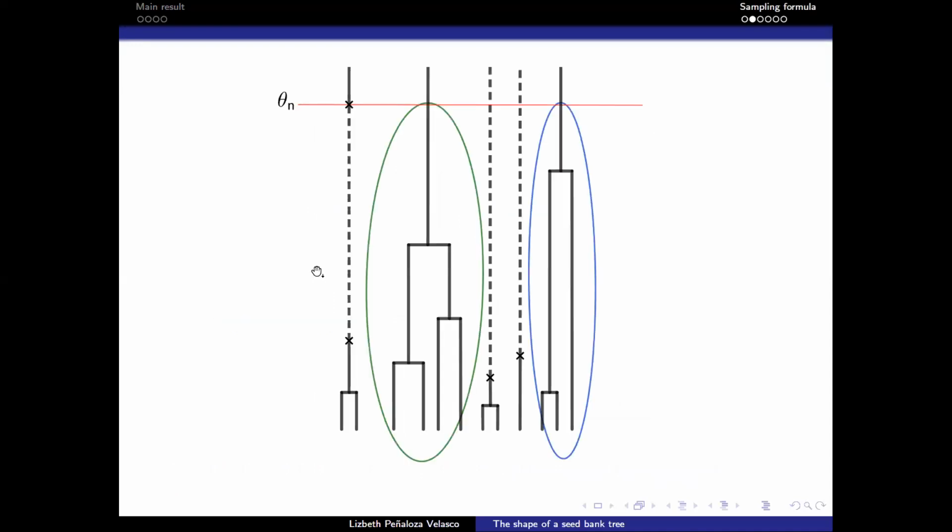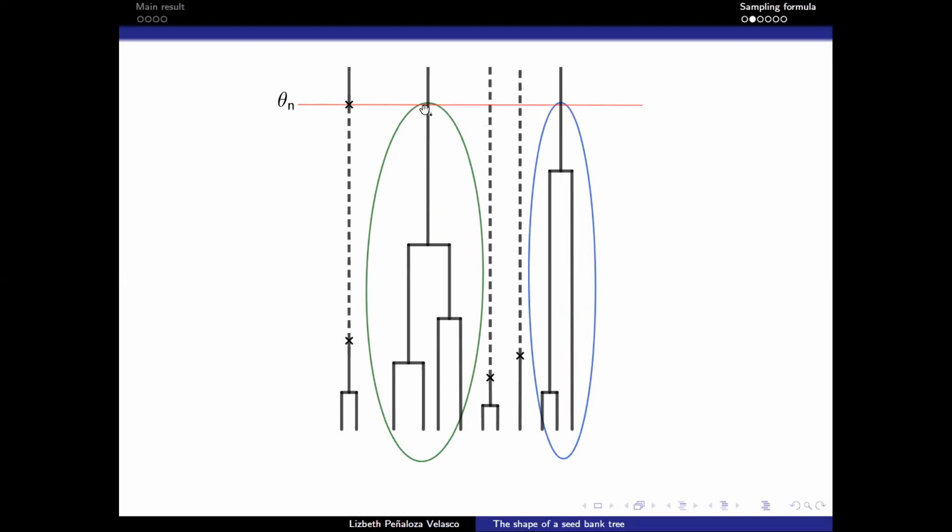Finally, we have a kind of simple formula where we use the idea of the Chinese restaurant process, but we start with the number of plants as the number of tables. That means, in this case, at time theta n, we have 2 plants.